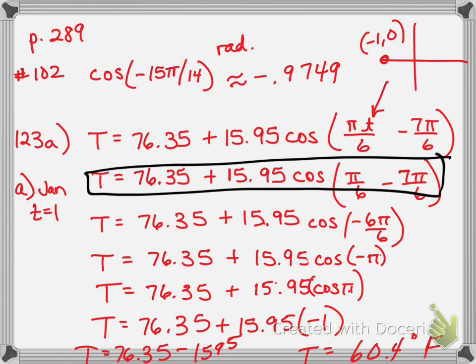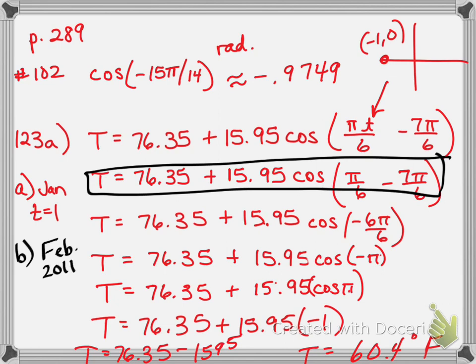So I'm not going to do B part. I will say this about B part. t equals 1 is January 2010. B part is February 2011.